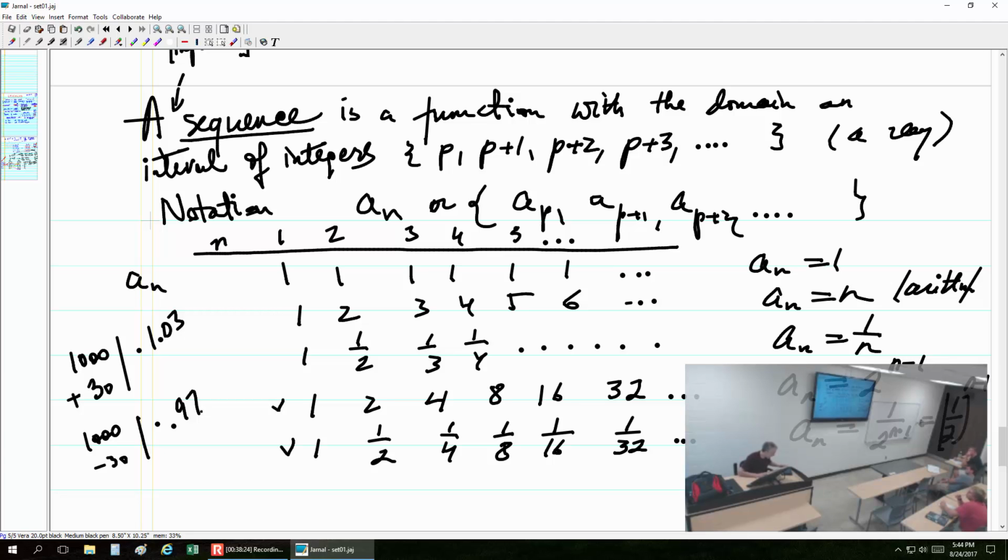Certainly the behaviors might be more complicated. Say, how about 1/2, 2/3, 3/4, 4/5, 5/6. The formula?